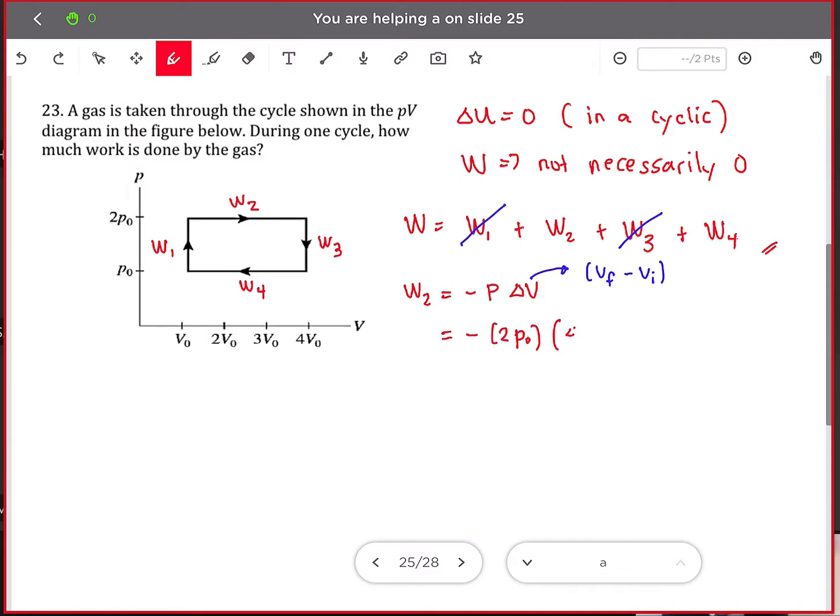So that's gonna be 4 V O. That's our final volume. So this one right here is our final volume.